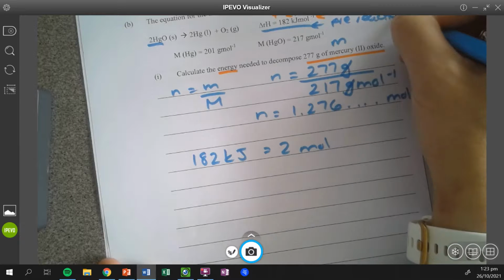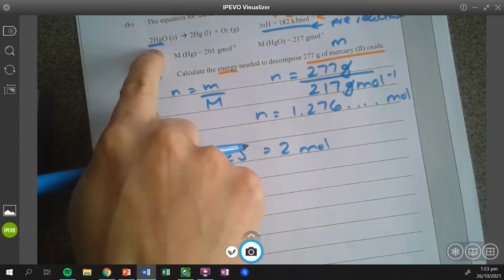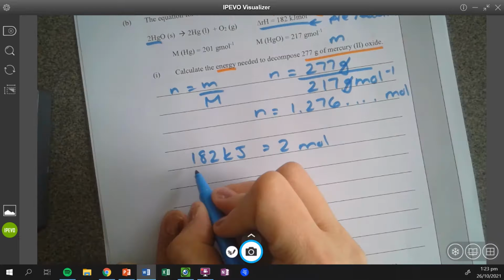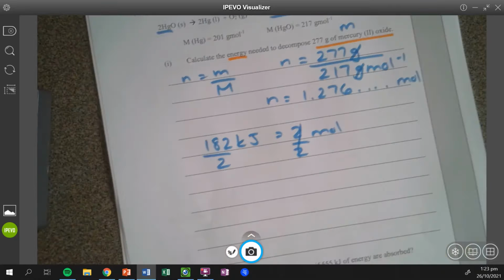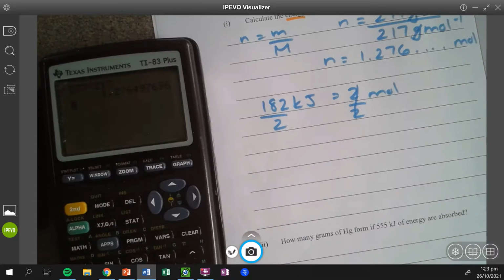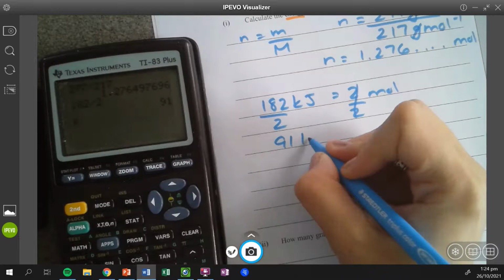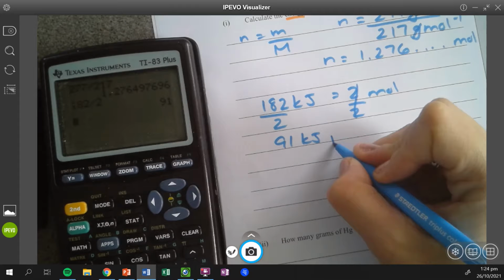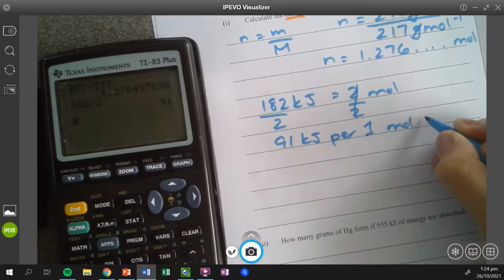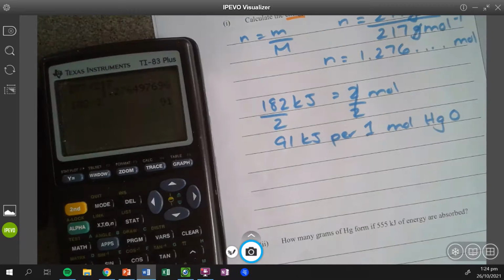So I need to factor in that there's 2 moles of this. So what I'm doing is I'm dividing that by 2, so that cancels out. So then I now know that for 1 mole of mercury oxide, it's 91 kilojoules per 1 mole of the mercury oxide. Are we okay with that so far?